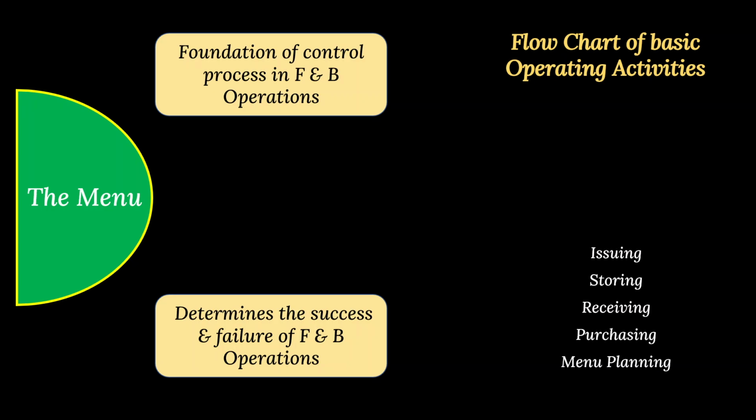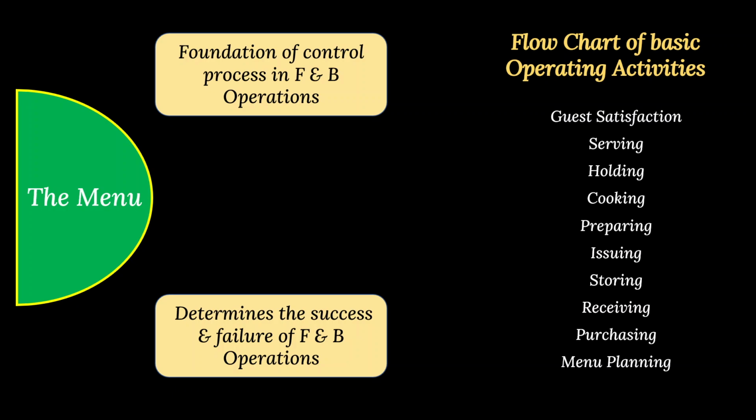You are not welcoming unnecessary loss or damage of the ingredients. So issuing is another important factor in the operational process. Then it comes to the kitchen, that is the preparation area. Then cooking. Then holding, how long? For service.